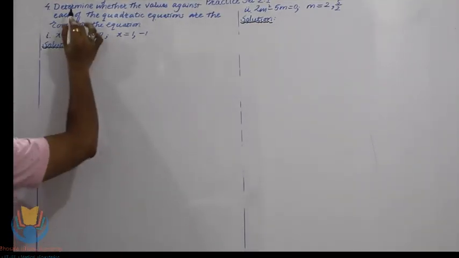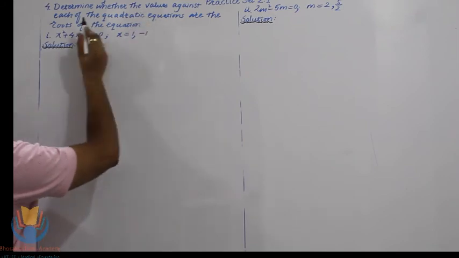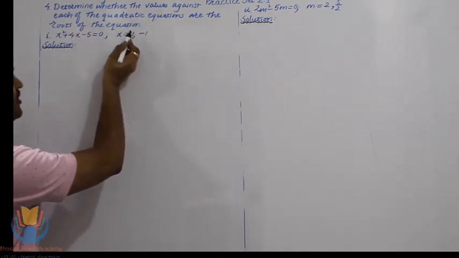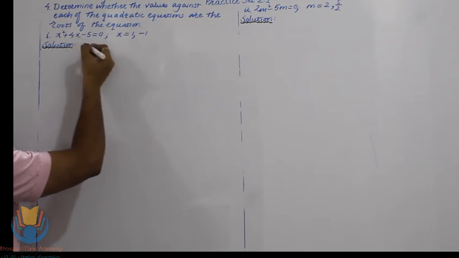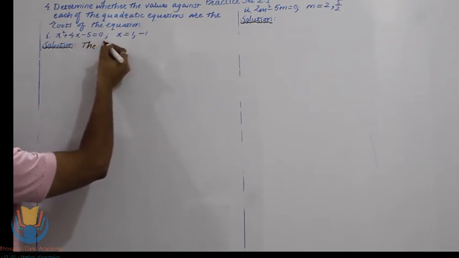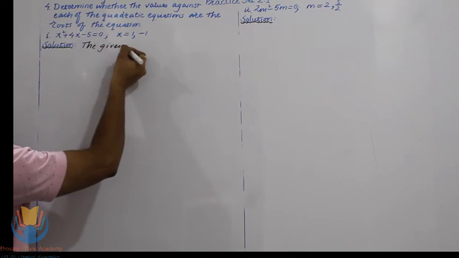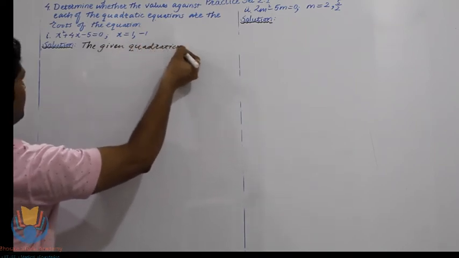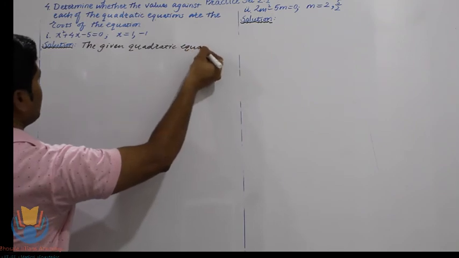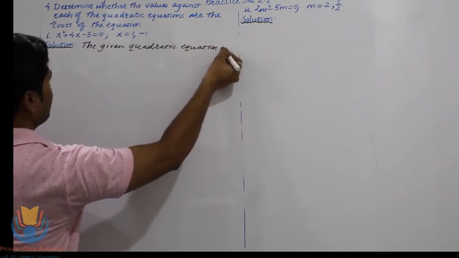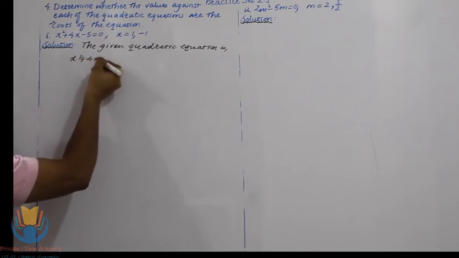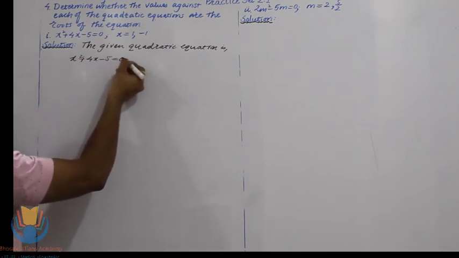Here we have to determine whether the values against each of the quadratic equations are roots of the equation or not. For that we will write this given quadratic equation as it is in the solution. And that quadratic equation is x square plus 4x minus 5 is equal to 0.